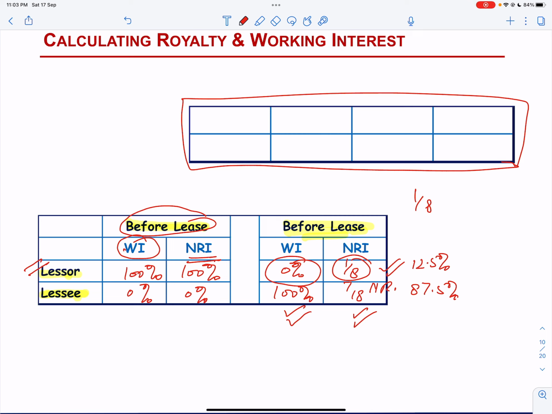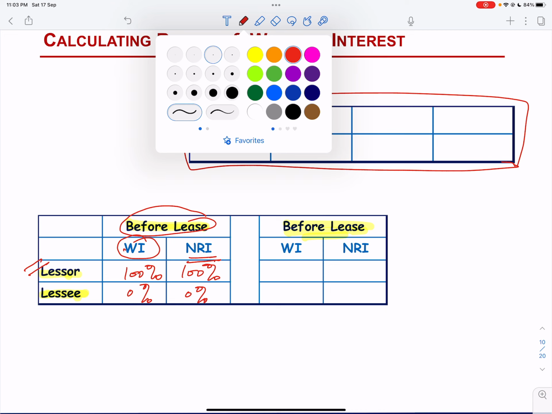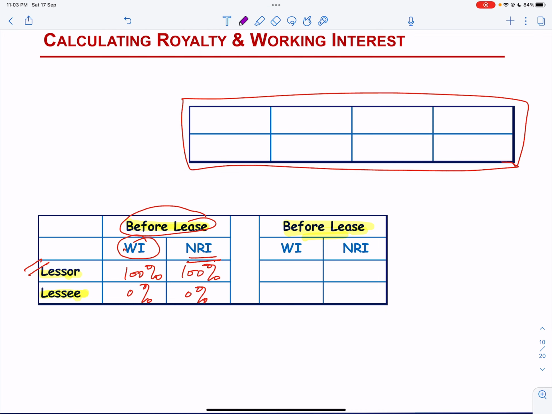If the royalty interest is not 1/8, but suppose we make it 3/16 in place of 1/8. There will be no change in the numbers or percentages before the lease; they will remain the same.